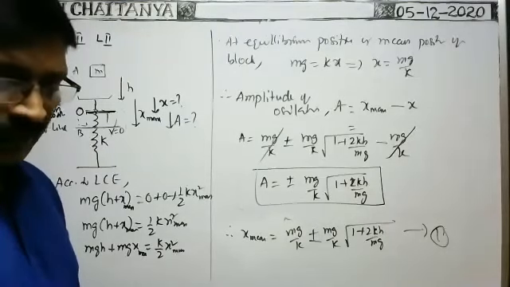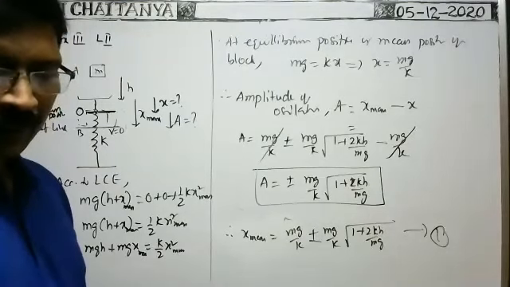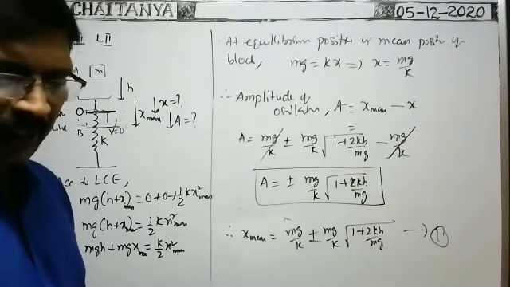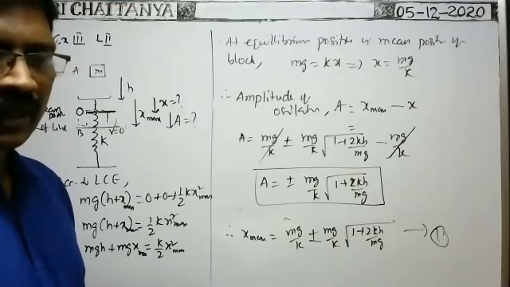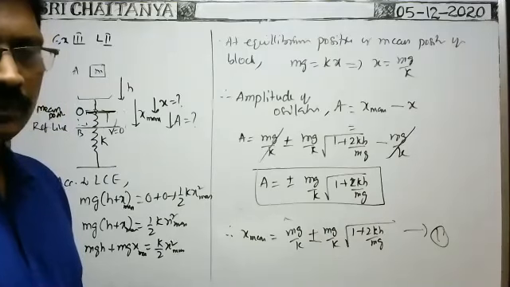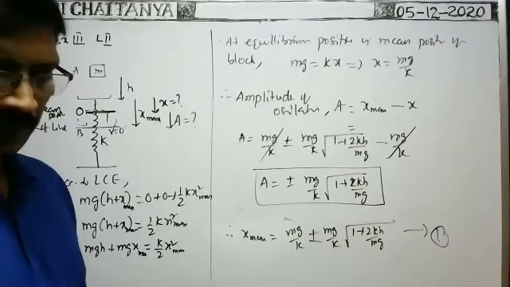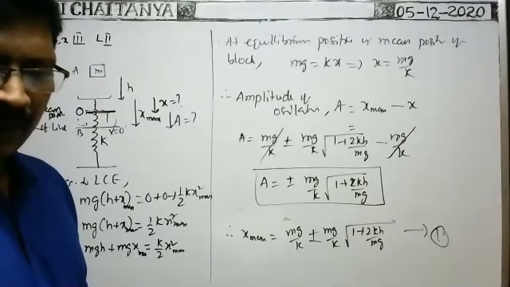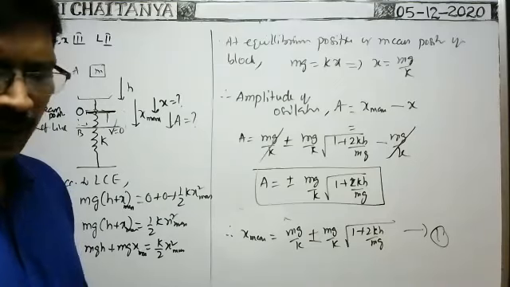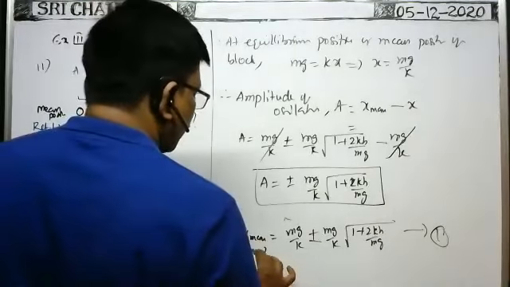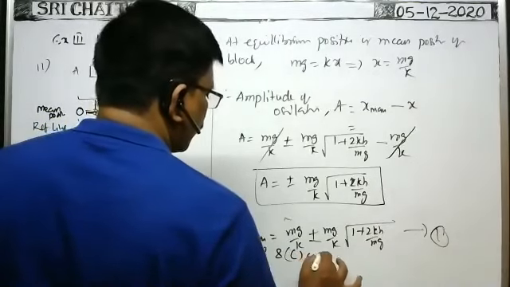The extensions in the springs are the same, they said. So the extensions in B and C are the same, but A is different, therefore B and C are correct. Energy all through the oscillation will be the same. Yeah, B is also correct. In the 11th problem, a multi-option question, B and C are correct.